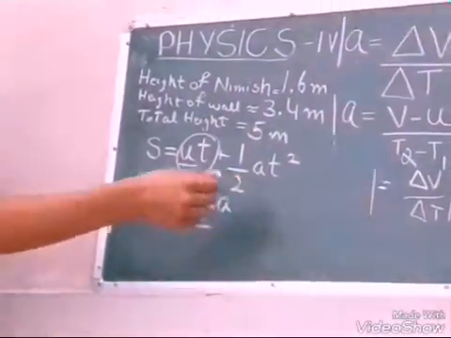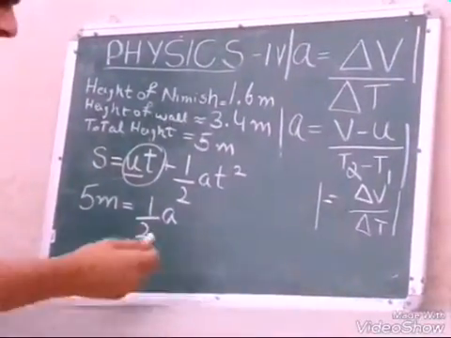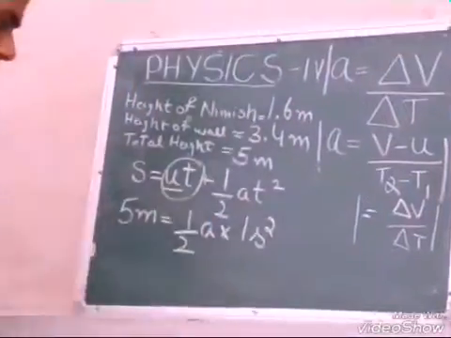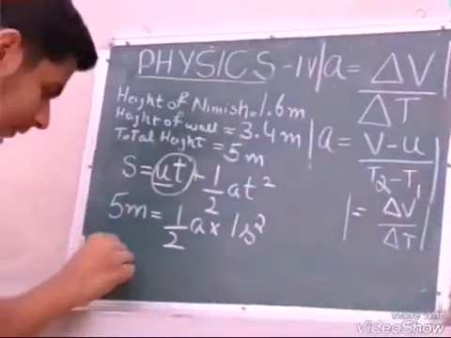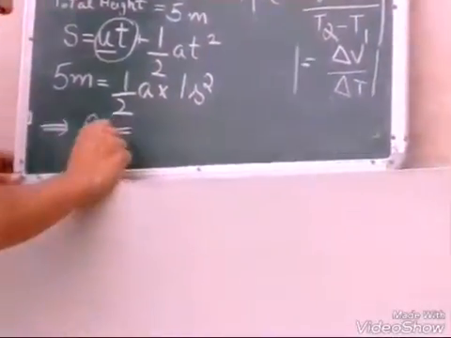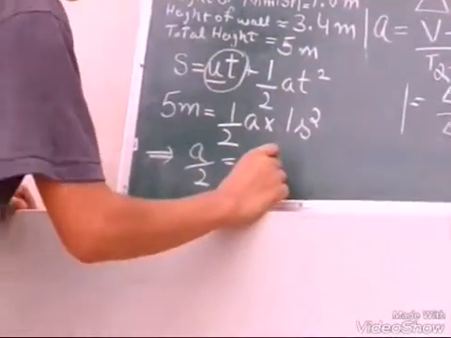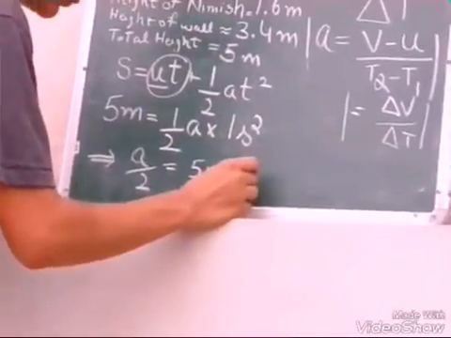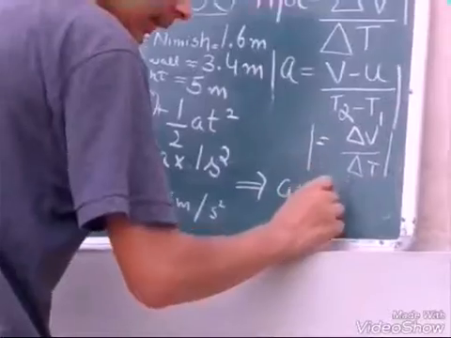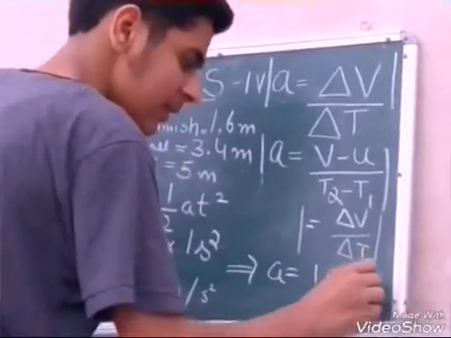What was that time? That was 1 second. So its square will be 1 second squared into 1 second squared, which implies that acceleration upon 2 is equal to 5 meter per second squared, which implies that our acceleration was 10 meter per second squared.